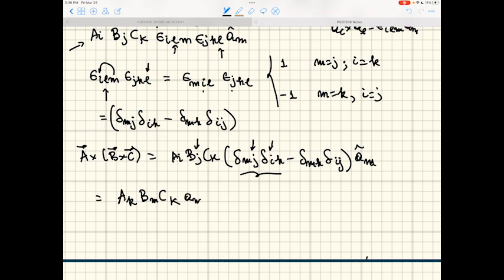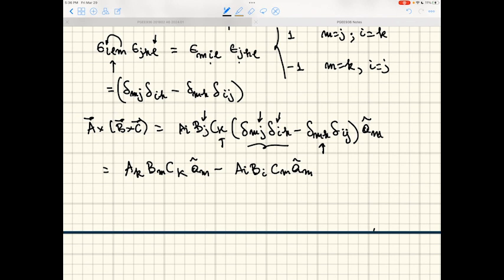AM. Minus the other case, K equals M and I equals J. So it's going to be AI, BI, I equals J, right? Then it's going to be C, K equals M, CM, AM.